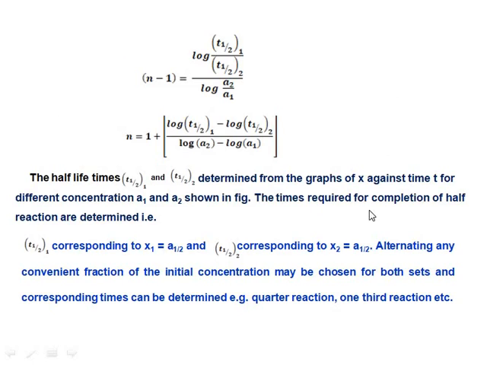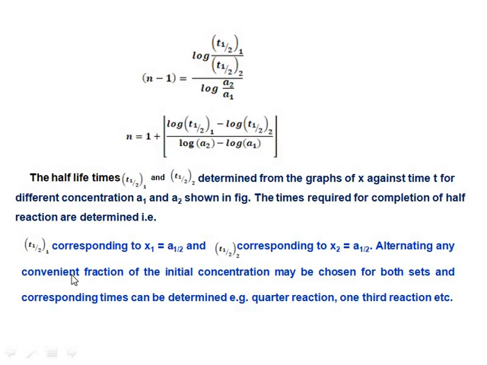and then the times required for completion of half of the reaction can be determined. T half 1 corresponds to x1 equal to a1 by 2, and T half 2 corresponds to x2 equal to a2 by 2.